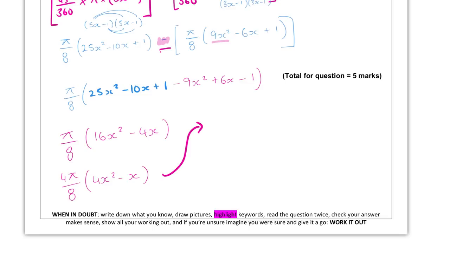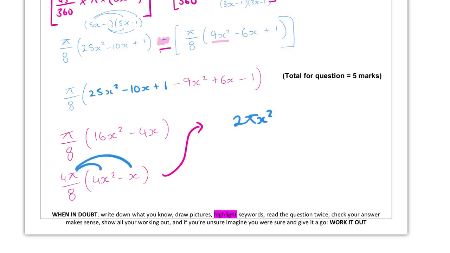x, bracket, 2x minus... No, that's a lie. If I factor out an x... Wait there, guys. I'm going to slow it down. I'm going to simplify now, just to make my life a bit easier. Okay, pi over 2 times 4x² is 2pi x².